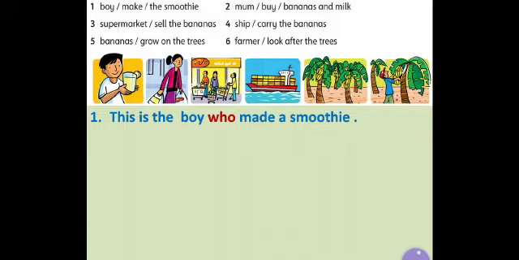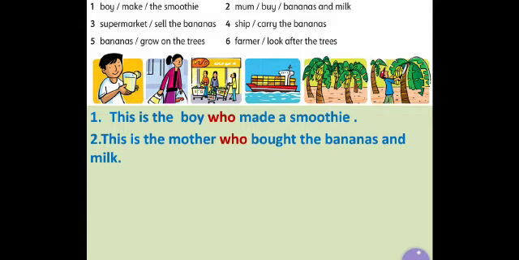For example, in the first, boy make the smoothie, and you change this sentence using the relative pronoun. For example, this is the boy who made a smoothie. We use who here because it's not an animal, it's not a thing, it is a person. That's why for people we use who.